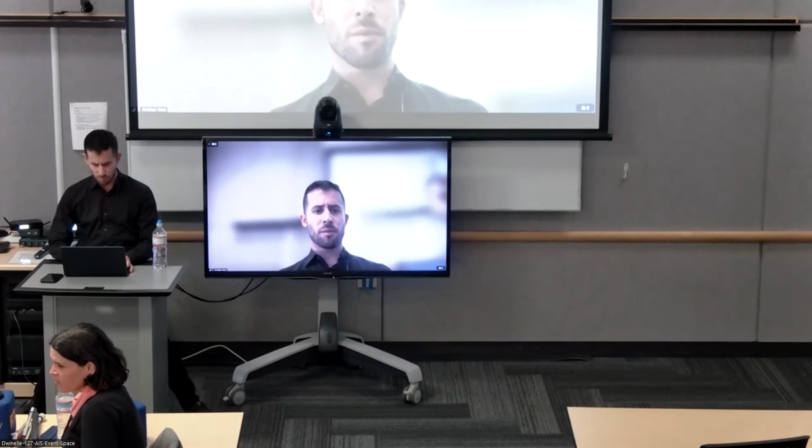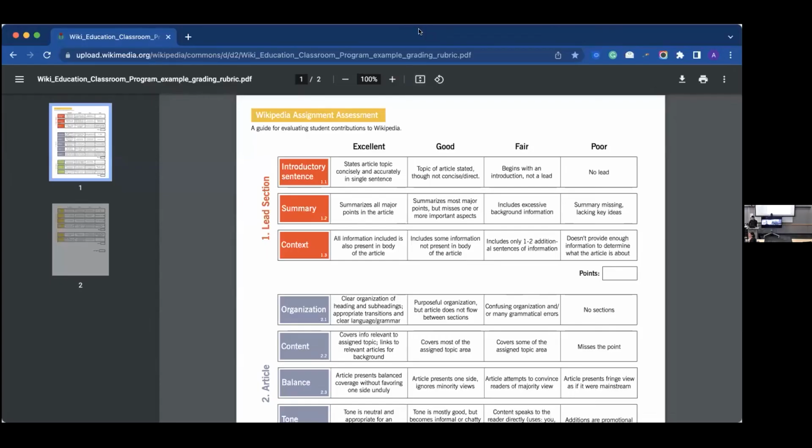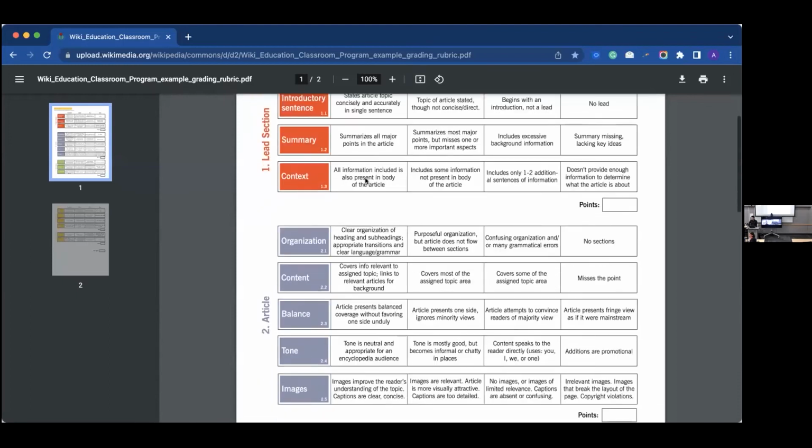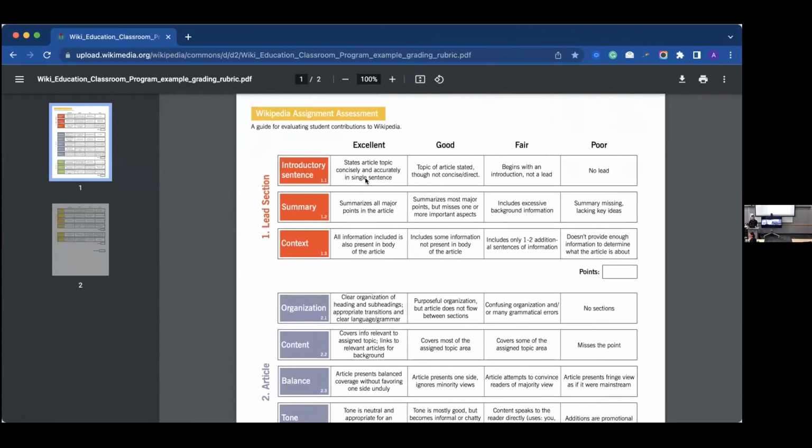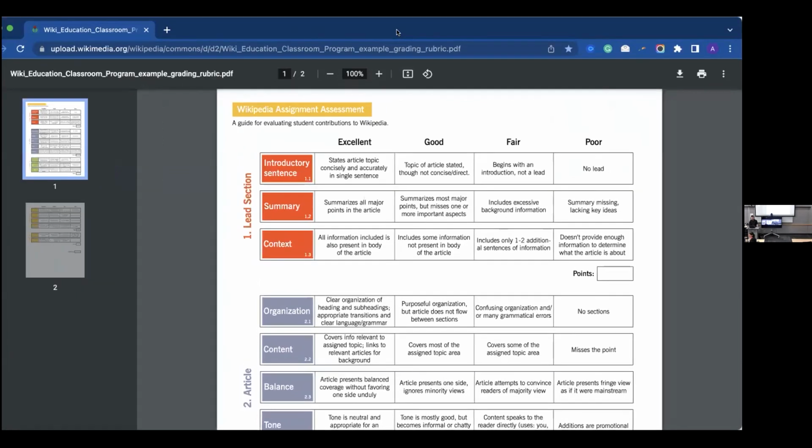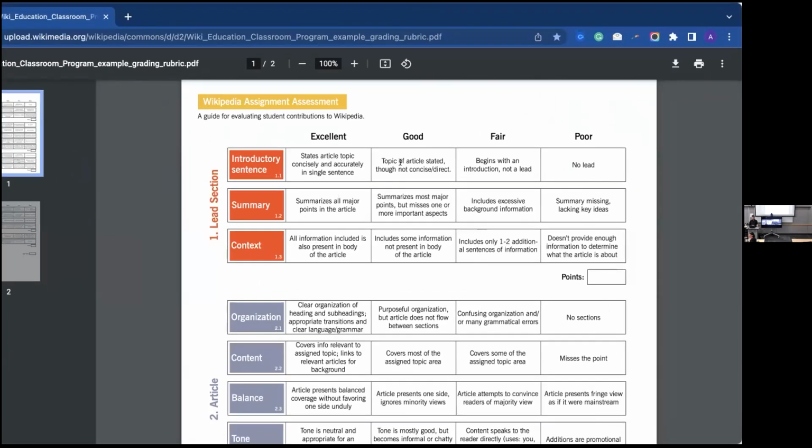In terms of grading, what I tell professors is to be a little more flexible, because it's difficult to come up with uniform standards for what the students do. For example, one student might contribute 500 words to an article and another student might contribute 1,000 words. Those might be just as valuable.